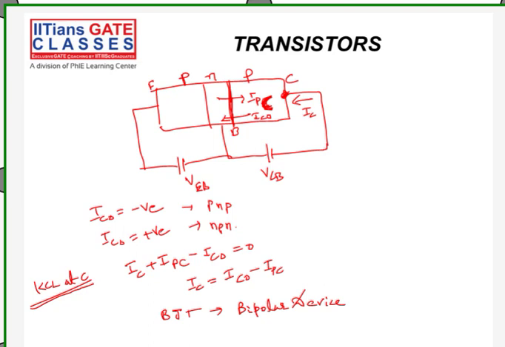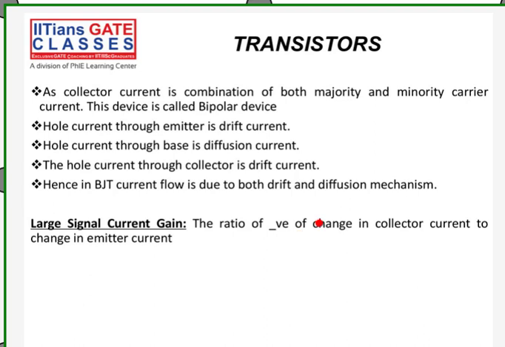So I think we understood the concept of bipolar, why it is called bipolar, and why it is called a current control device, which I also discussed in the previous slides. As the collector current is the combination of both majority and minority carrier currents, this device is called a bipolar device. That is clear now.